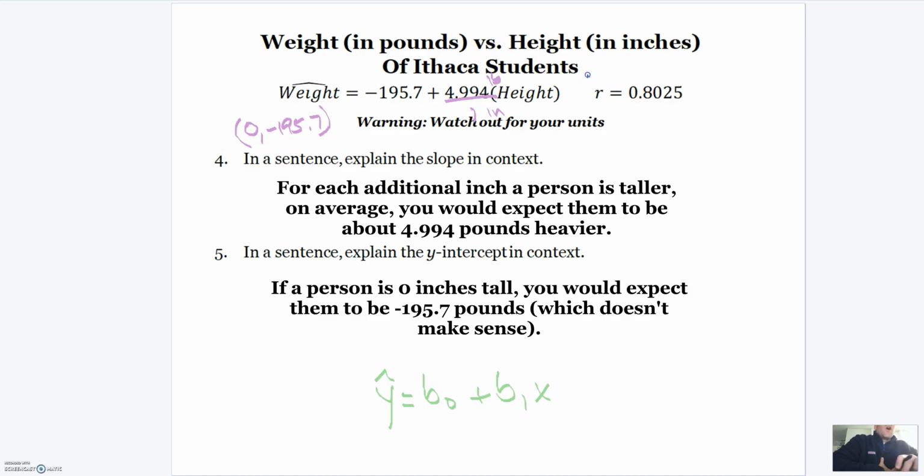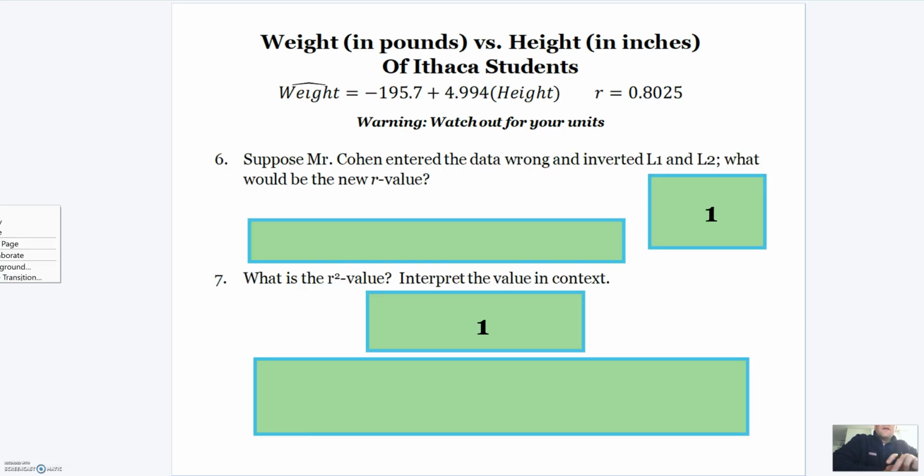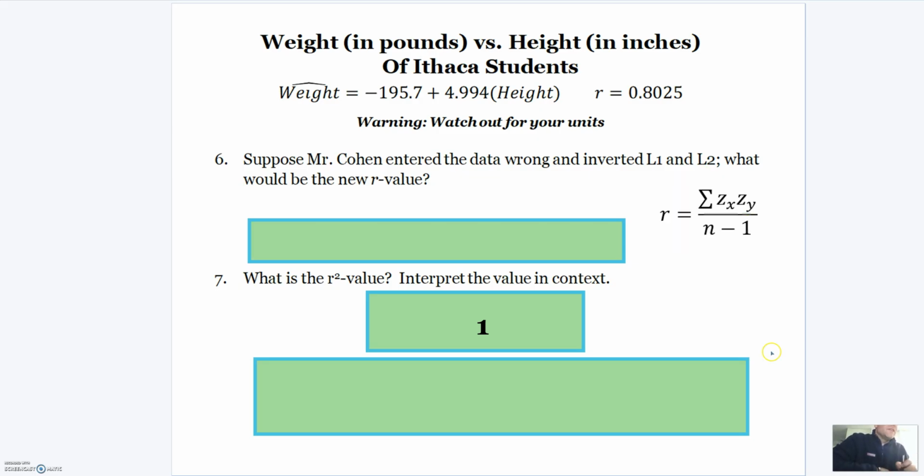Now, the r value, as you can see here, is 0.8025. So maybe my moderate, again, it's moderately strong, I guess, is probably the best way to put that. Remember, 0.8 is not the cutoff there. All right, so suppose I entered the data wrong. Suppose I put the x's where the y's go and the y's where the x's go. Reminder, the correlation equation breaks it all down and looks at z-scores.